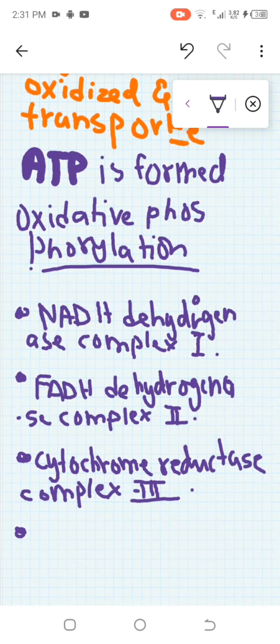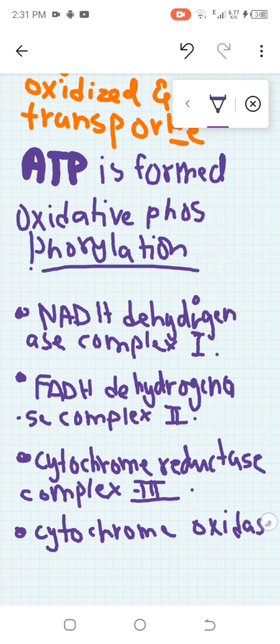So here we have 4 complexes, and 2 mobile electron carriers.